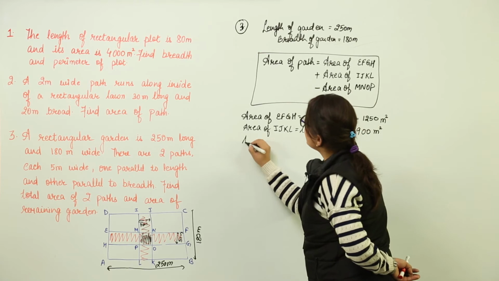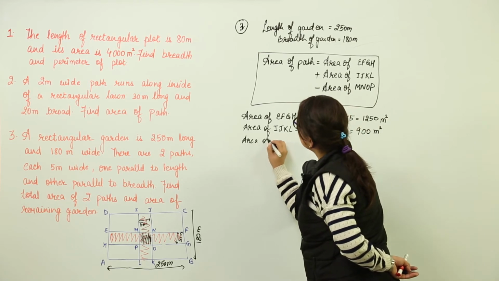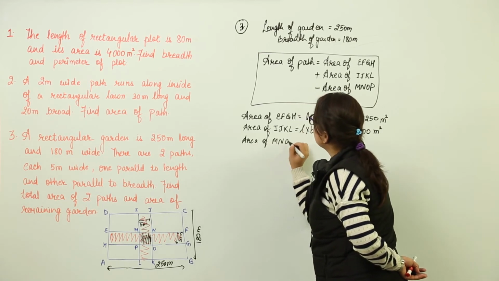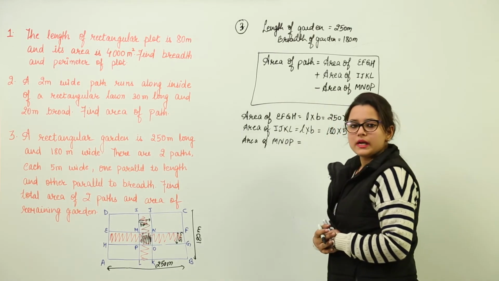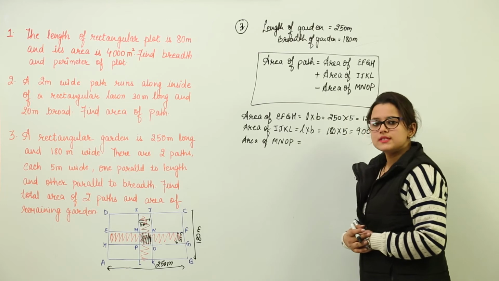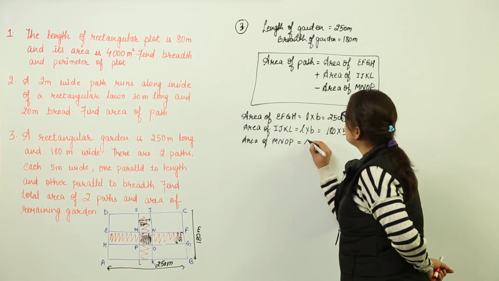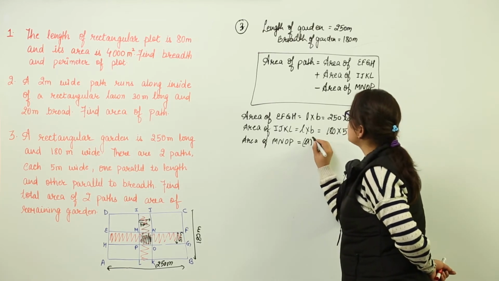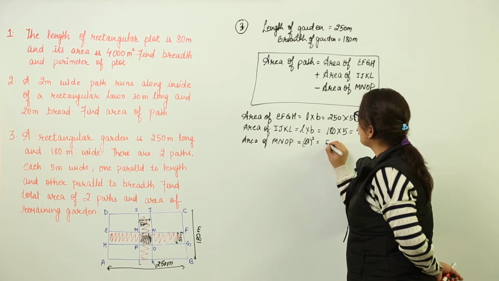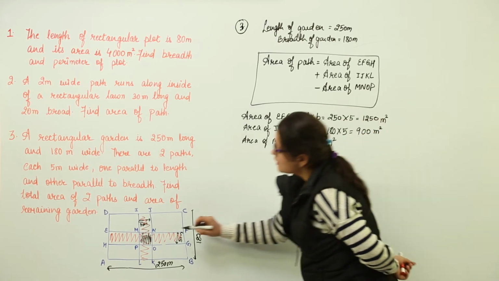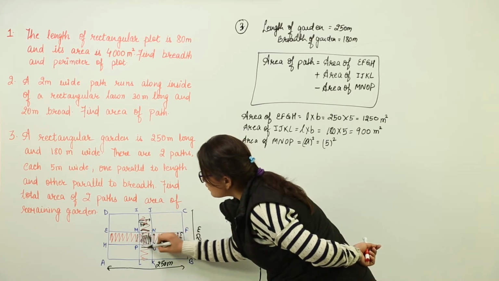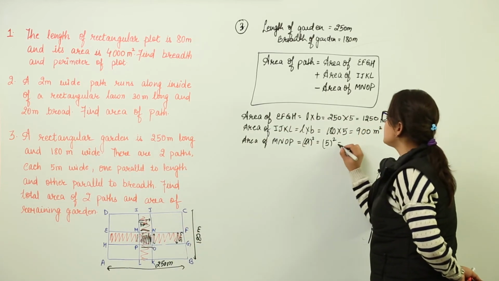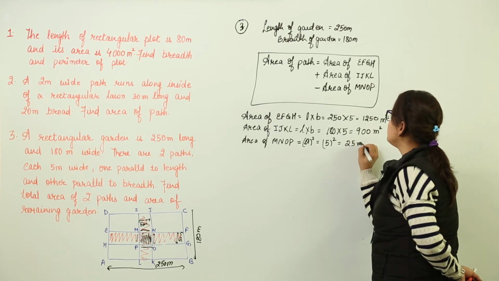Next we are supposed to find out the area of MNOP. We can clearly observe that MNOP is making a square and we know that area of square is equal to side into side. So we write it as 5 square, because here the square is going to have all the sides equal to 5 only. So 5 square is equal to 25 meters square.